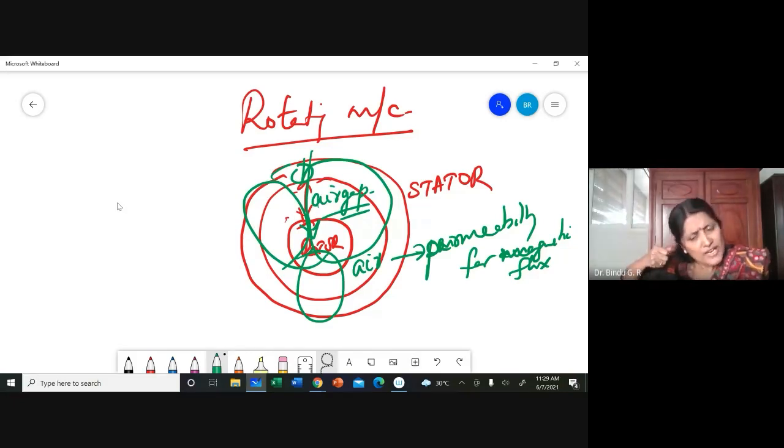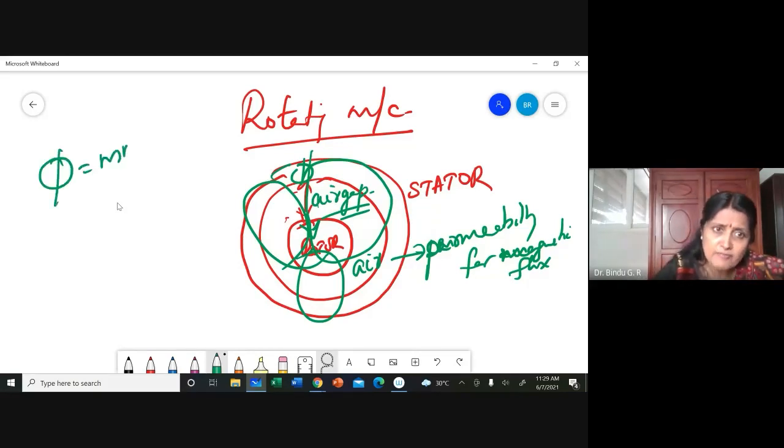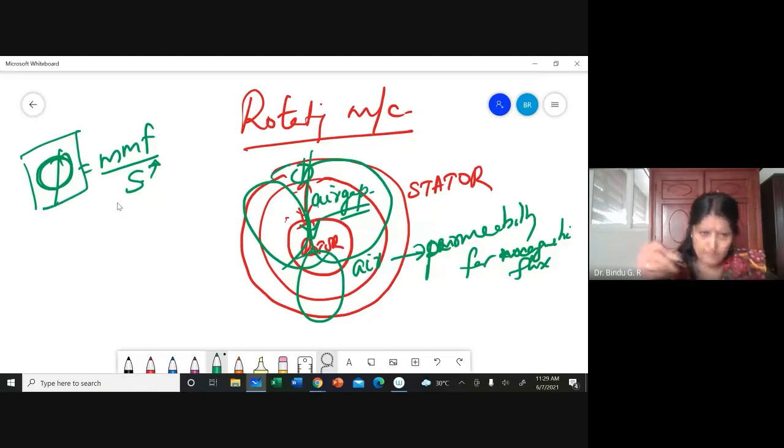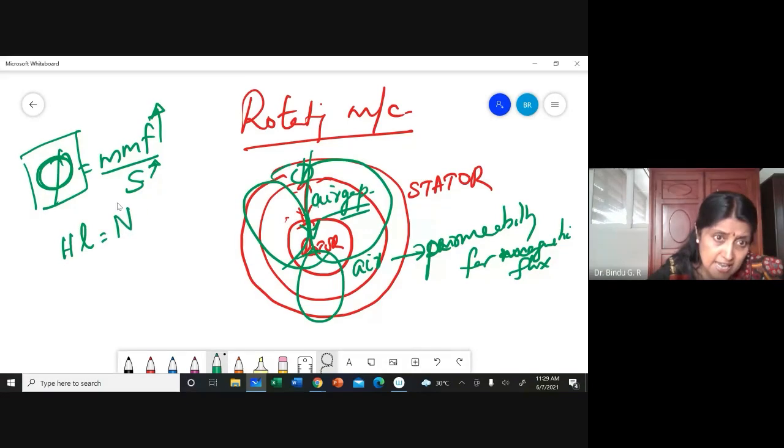So you require a little more. What do you need there? You know, flux is equal to MMF by reluctance. If reluctance is extremely high, then in order to keep the flux the same, what should we do? You have to increase the MMF. What is MMF? We have discussed HL, which is the same as NI, is the MMF.